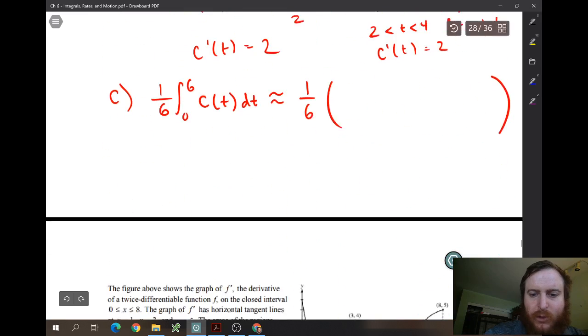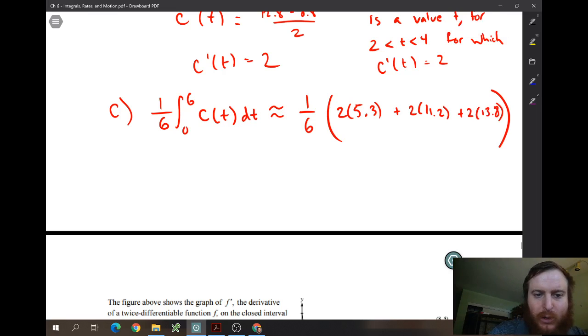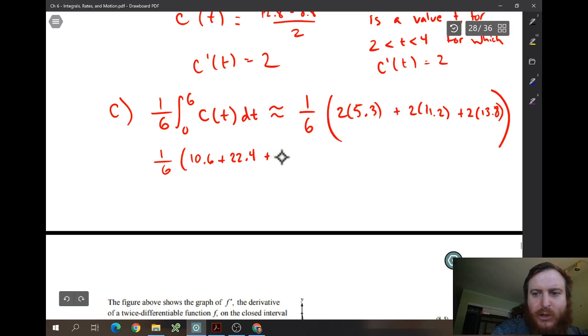So 2 times 5.3 plus 2 times 11.2 plus 2 times 13.8. And again, you don't actually have to multiply these out. So I would just say that our answer is 1/6 times, now if you want to, you can, 10.6 plus 22.4 plus 13 times 2 is 26, and then add on 0.8 twice would be 27.6 ounces.